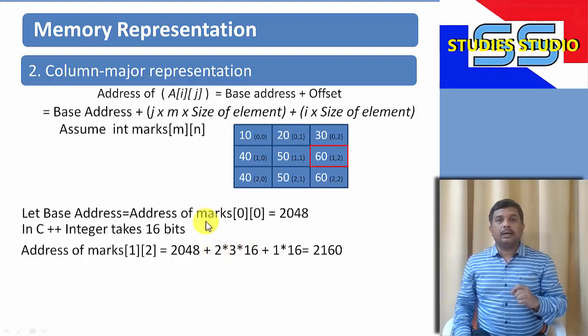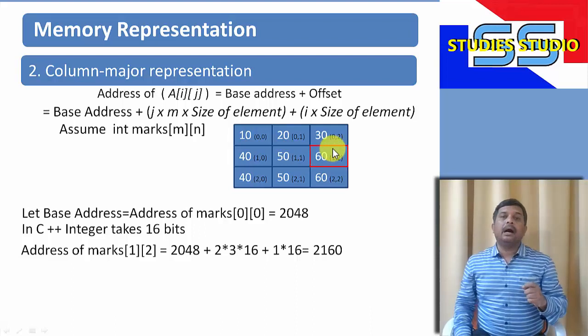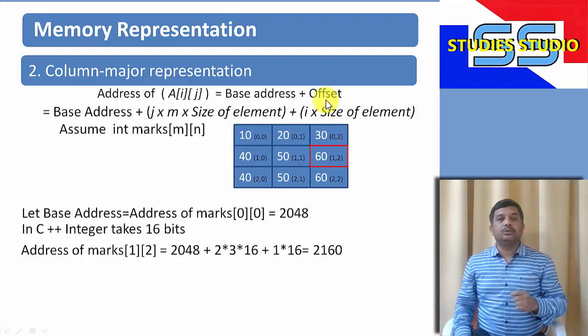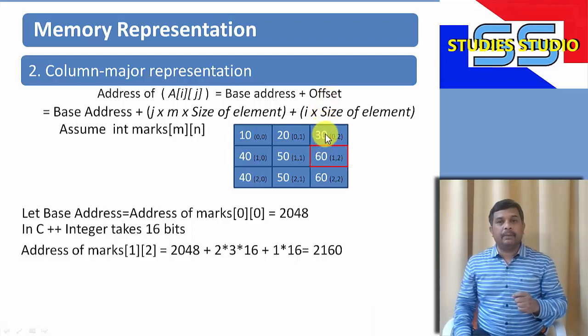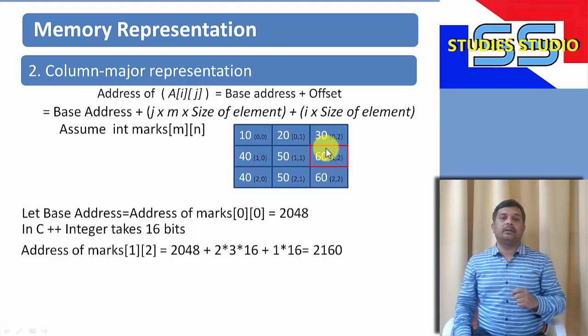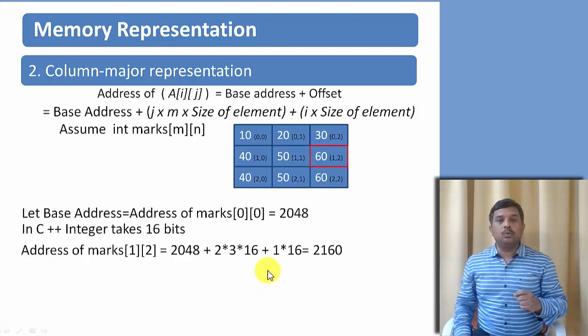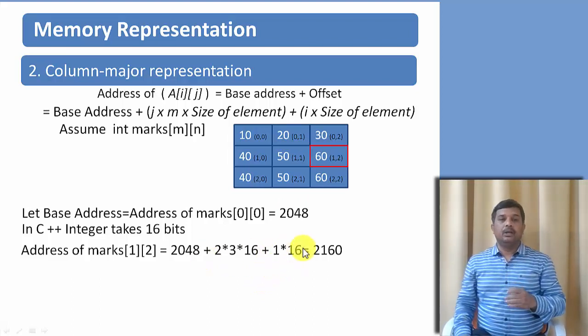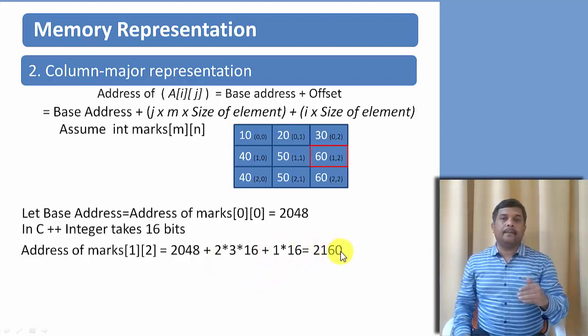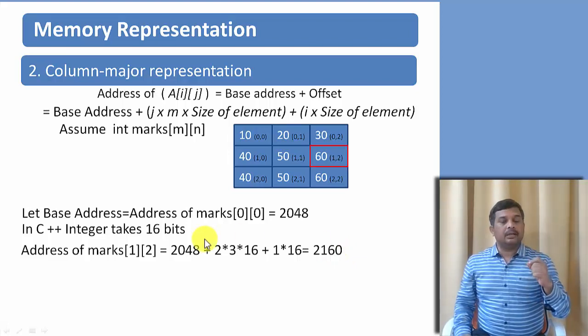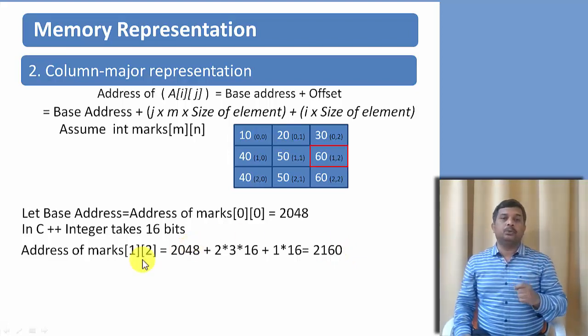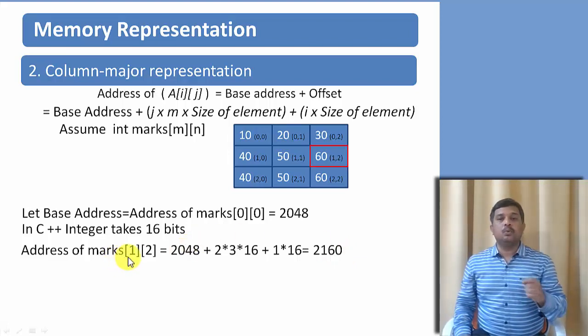Similarly, for this element, in this particular column, how many elements are available before it? Only one element is available. So 1 into 16. So altogether 2160. So according to column major, for the memory location marks[1][2], the address is 2160.